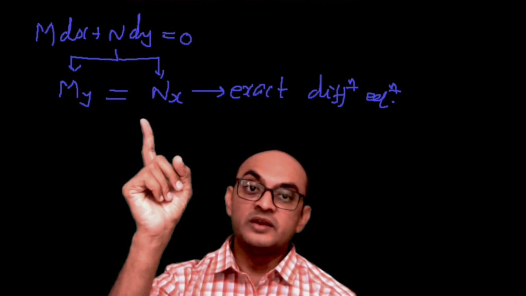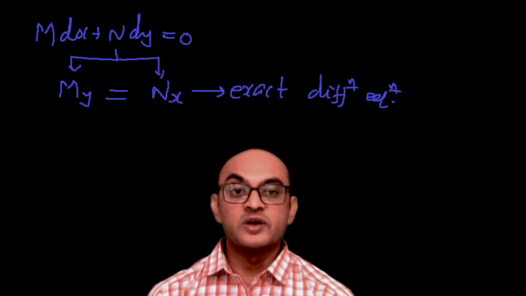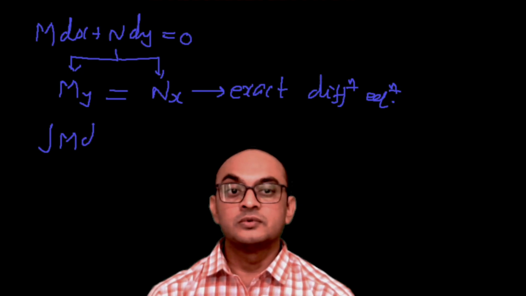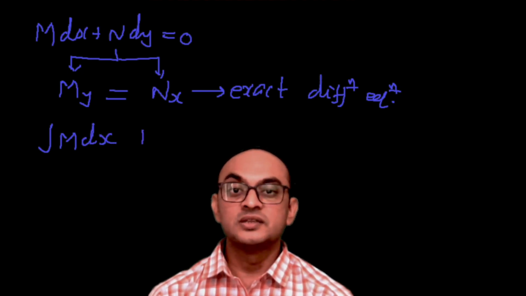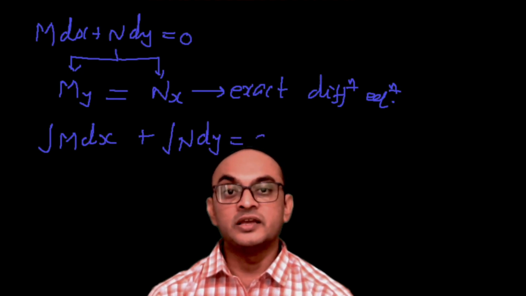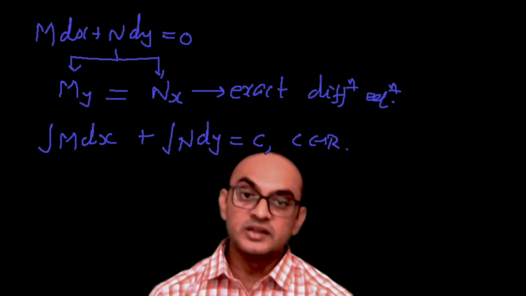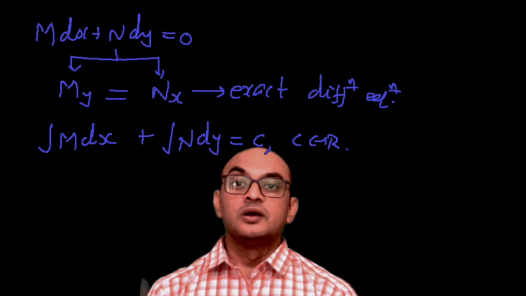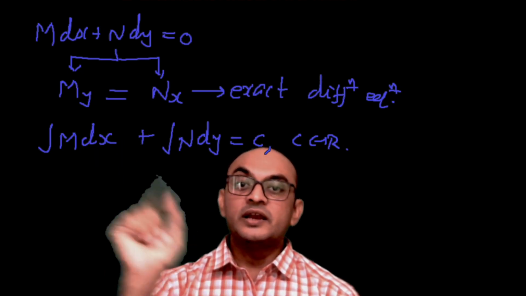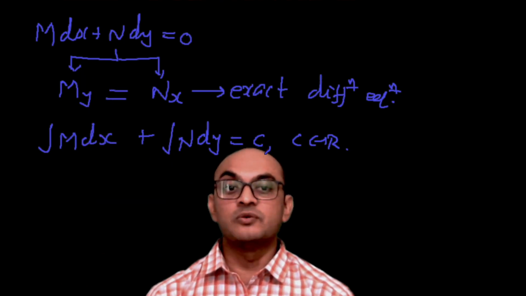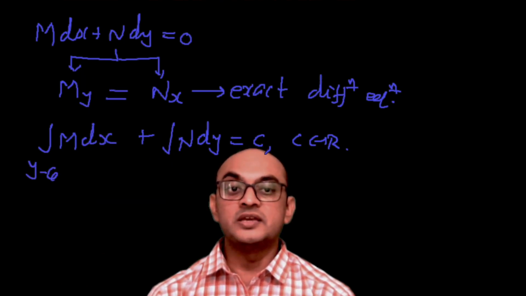Once my differential equation is exact, how do I find the solution? I integrate m with respect to x plus I integrate n with respect to y equal to some constant c. The constant is always real. Now, when I integrate m with respect to x, m contains both the variables x and y, so here my assumption is y is treated as constant.